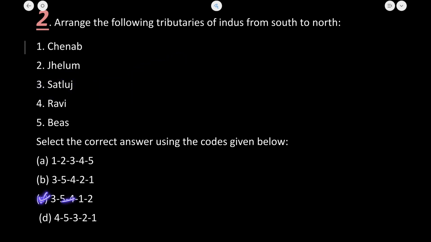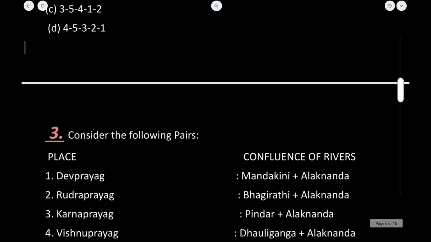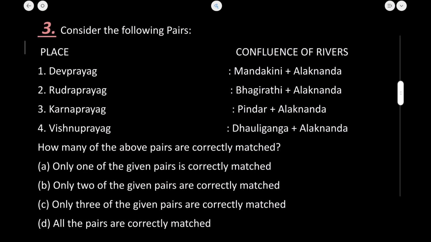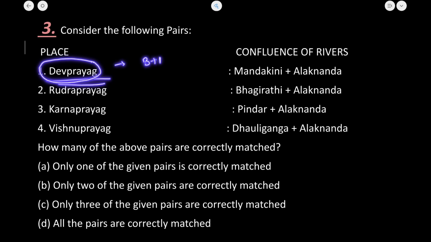I have also told you most of the information about these rivers. The information is as important as the question. Now next we have to match here. Now if we see Dev Prayag, I have already told you in the explanation part, it is the meeting point of Bhagirathi and Alaknanda. So the first option is incorrect.